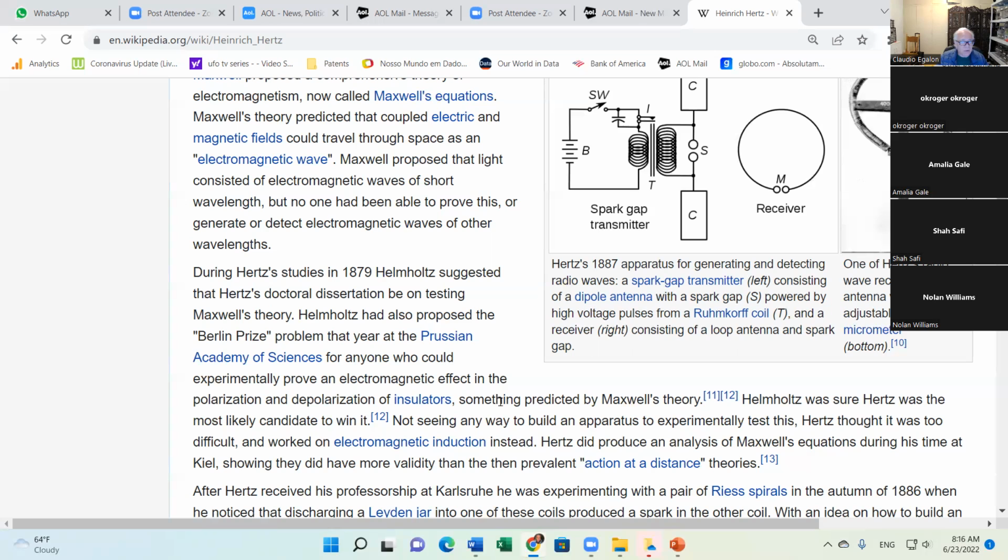And that was the beginning of what we call today the photoelectric effect. In a way, Hertz himself discovered the photoelectric effect.